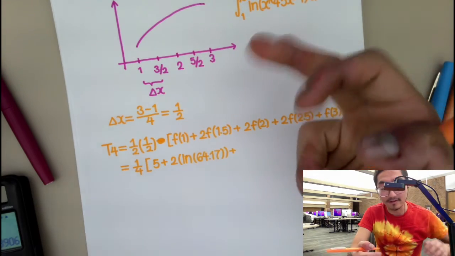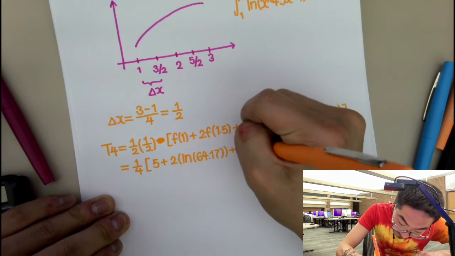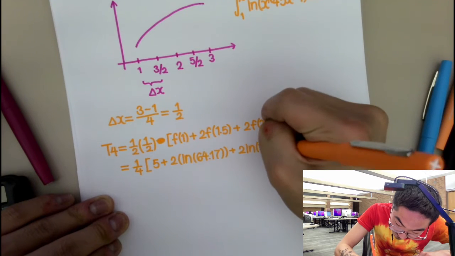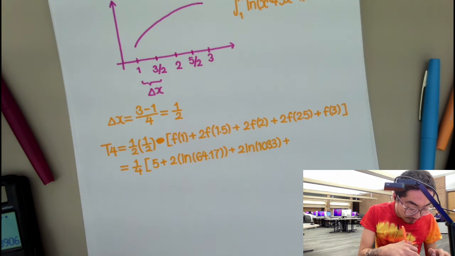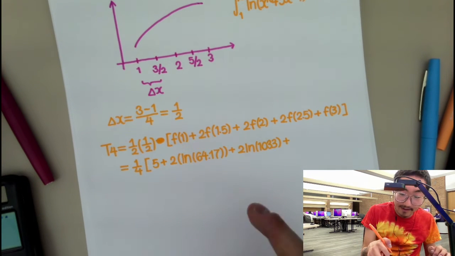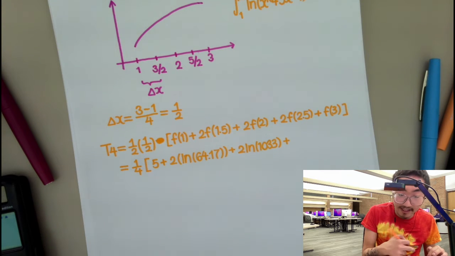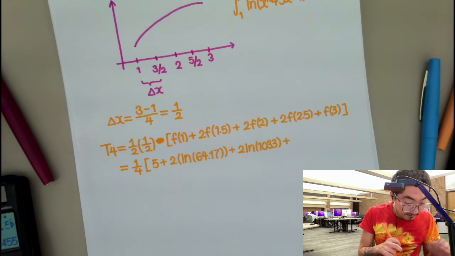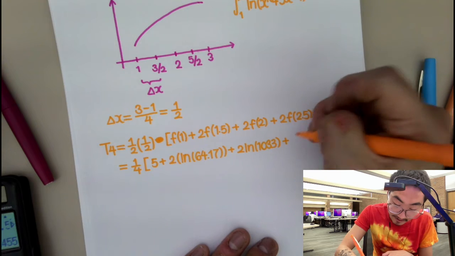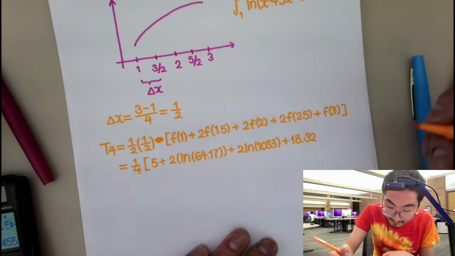Plus 2 times 10 to the 10, which is 100,133. I'm just going to do 2.5 plus 11.5, and 9.16 times 2 is 18.32.